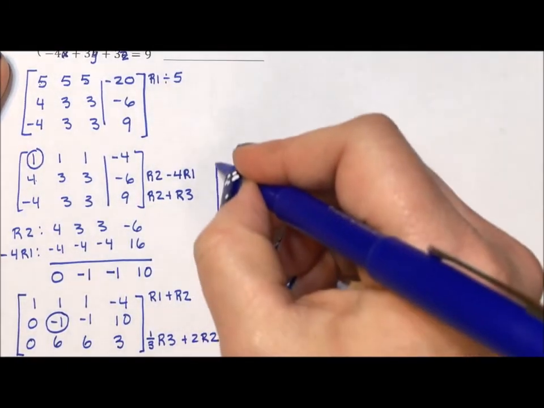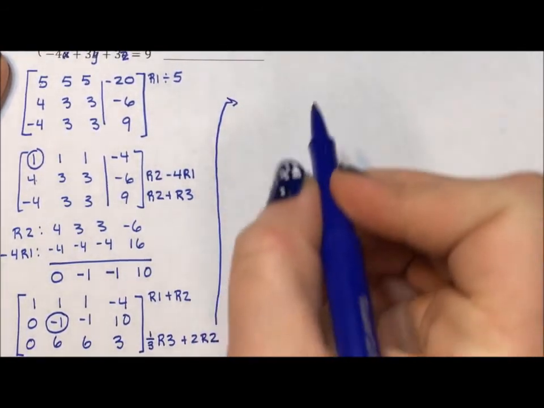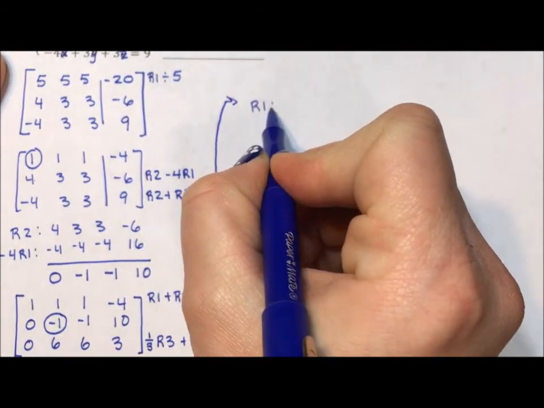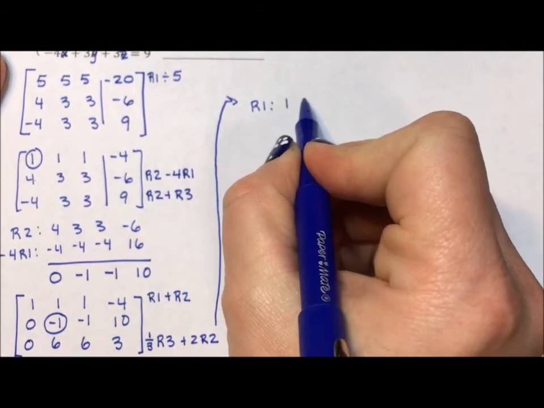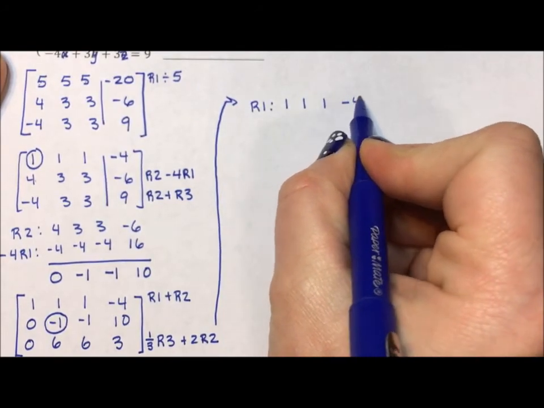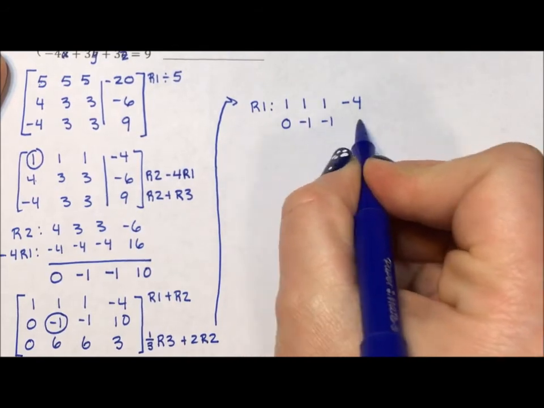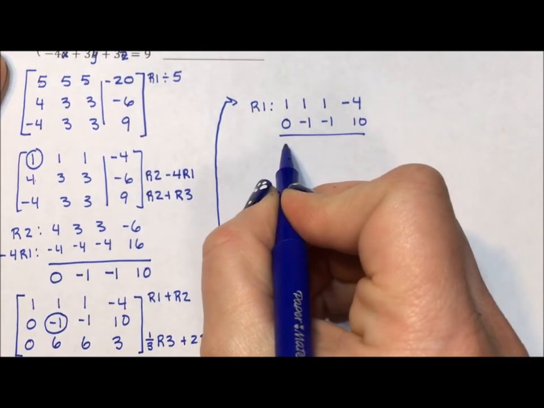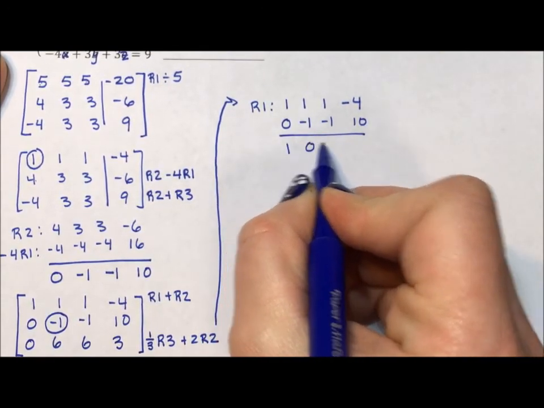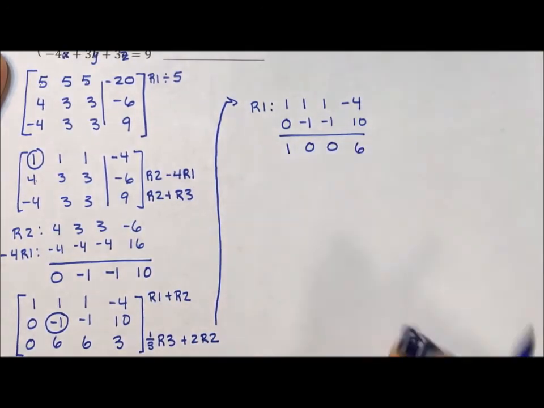Row 1 is going to be 1, 1, 1, negative 4. And row 2 is 0, negative 1, negative 1, 10. And when I add down, I'm going to get 1, 0, 0, 6.